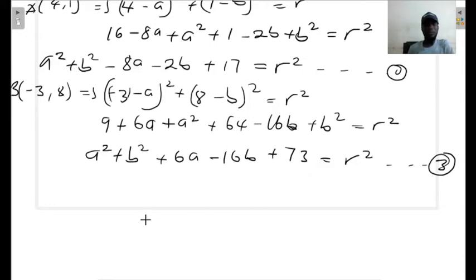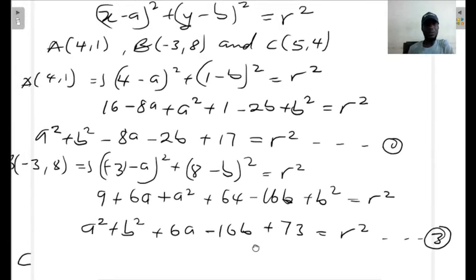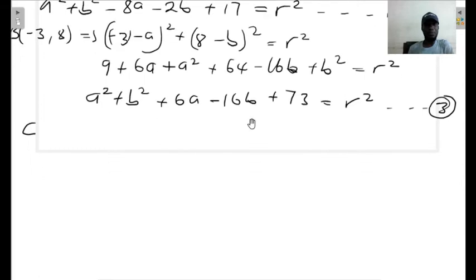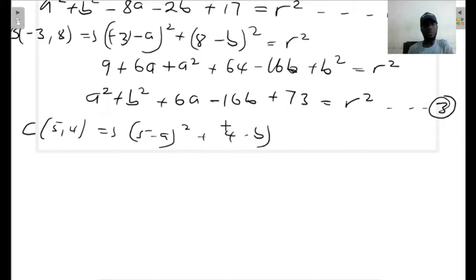Then we go to point C, which has the coordinates 5, 4. So at point C, 5, 4, our equation is going to be 5 minus a all squared plus 4 minus b all squared equals r squared.